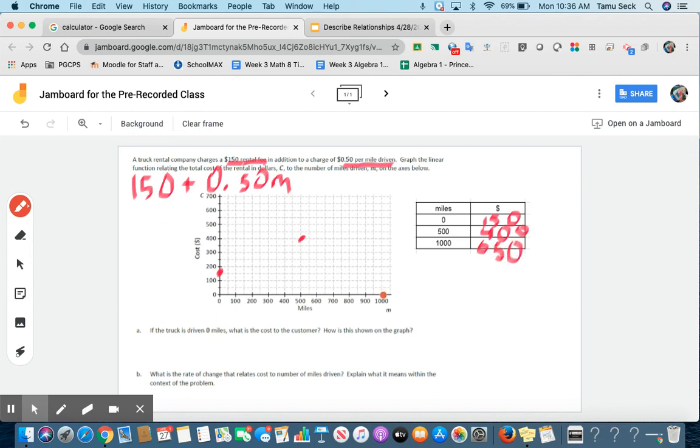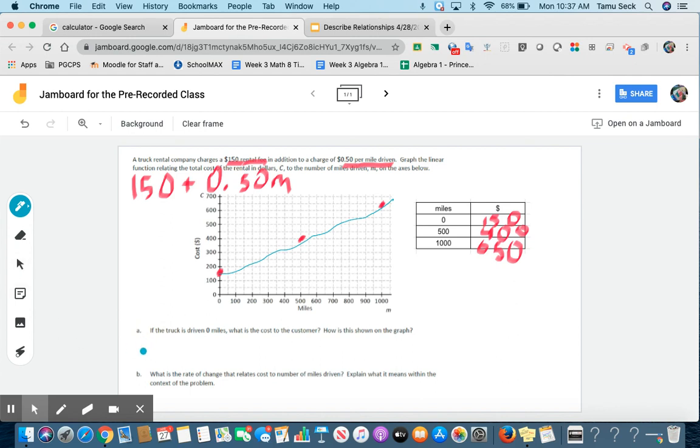So we can plot $650. We can draw the line. I hope your line looks better than mine.